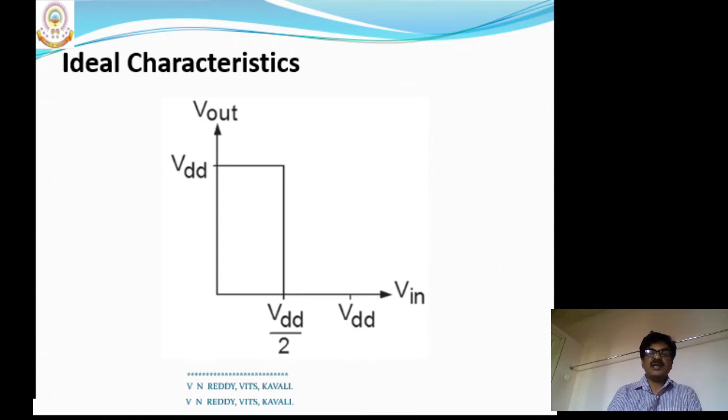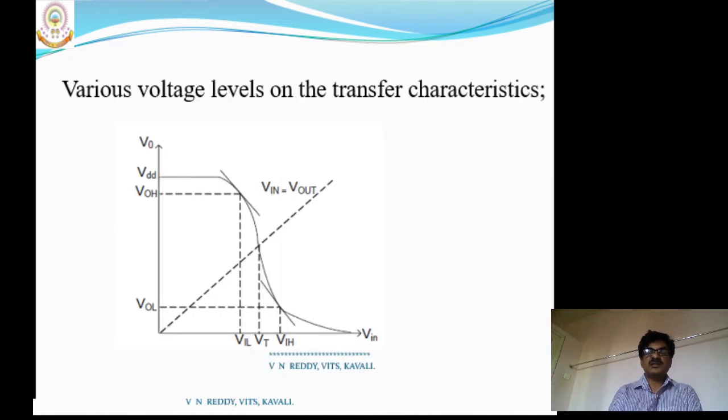This is the ideal characteristics, but practically the inverter threshold voltage may not equal VDD by 2. The practical curve is somewhat different, it maintains some slope like this, because of the resistance offered by the pull-up and pull-down devices. Generally with the pull-up device, the output voltage never equals VDD.